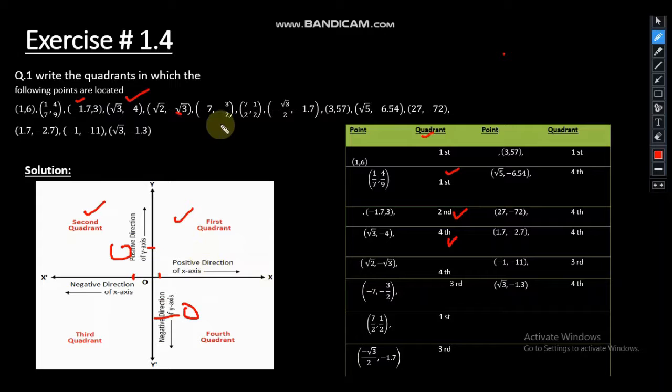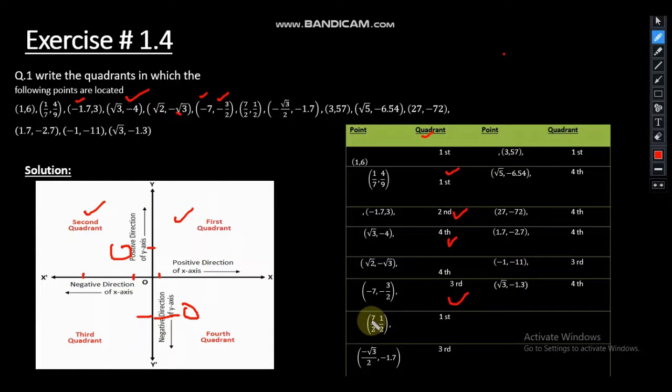So next, this is -7, -3/2. Both points are negative, so -7, first of all we will search here for -7. It is in this location, and -3/2 is also in this location, minus 3 on the y-axis, so both coordinates lie here, so we can write the third quadrant.